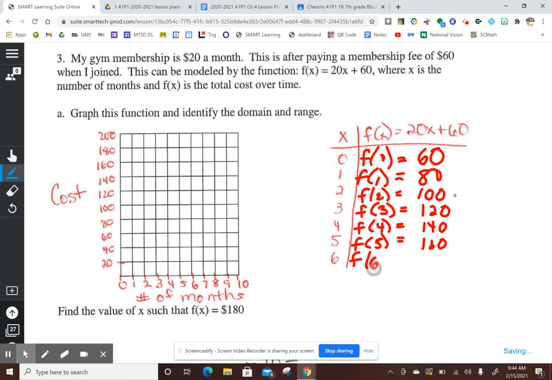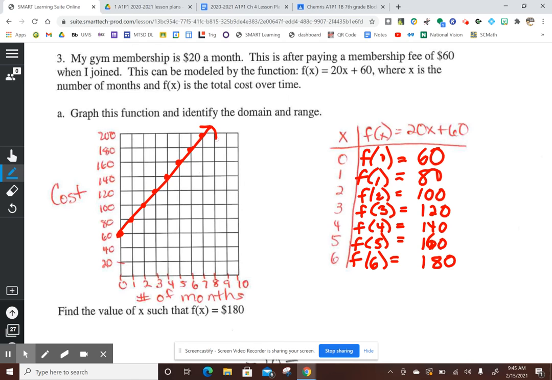And f of 6 is 20 times 6 is 120, plus 60 is 180. Okay, now I plot these points. I get 0, 60. And I just connect it.